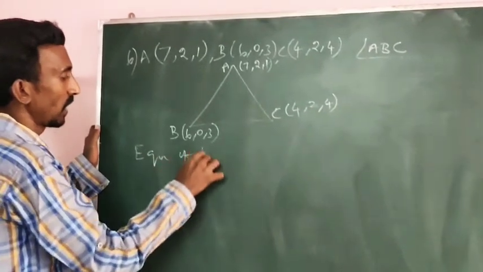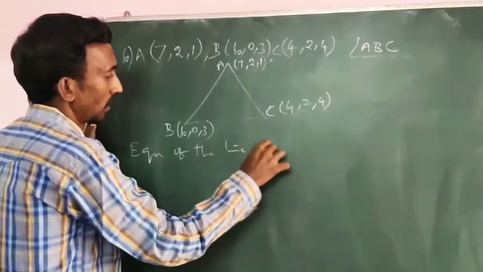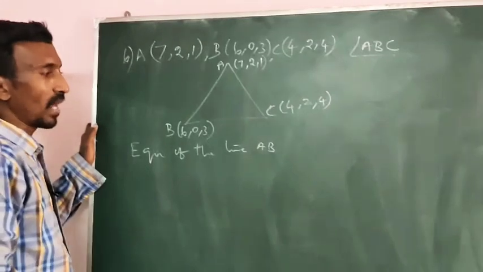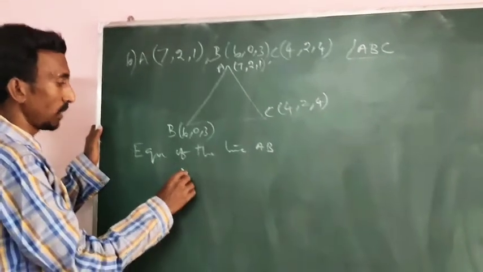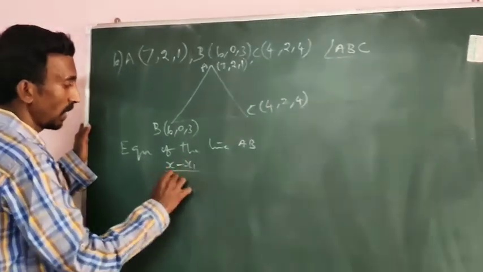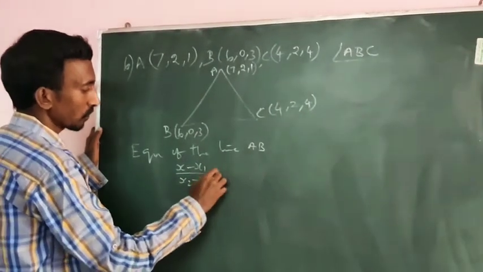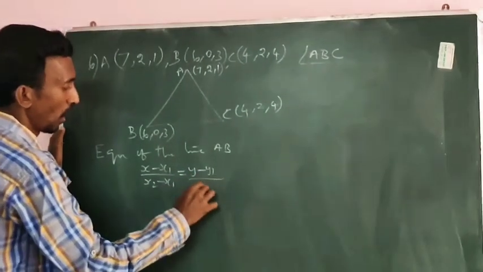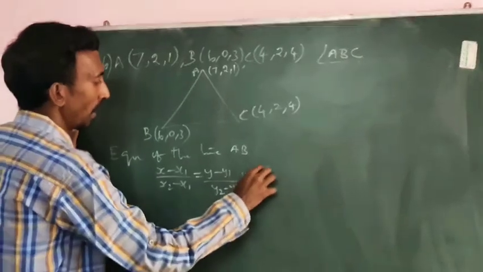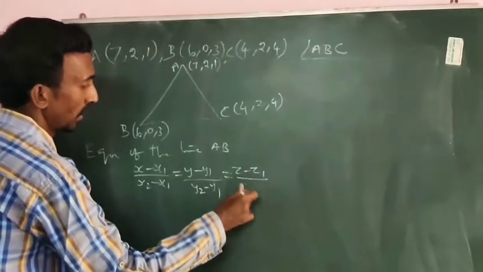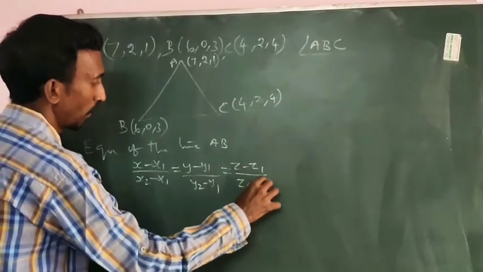Equation of the line AB. So use that formula: (x minus x1) by (x2 minus x1), (y minus y1) by (y2 minus y1), (z minus z1) by (z2 minus z1).